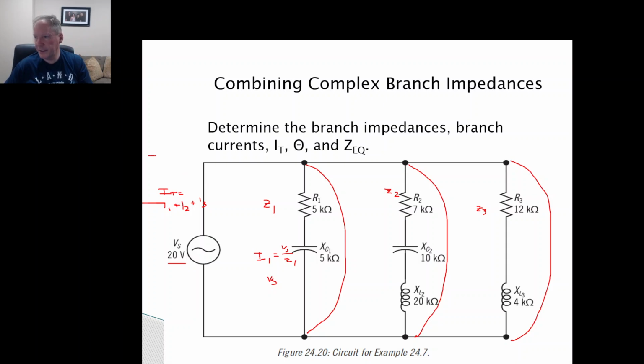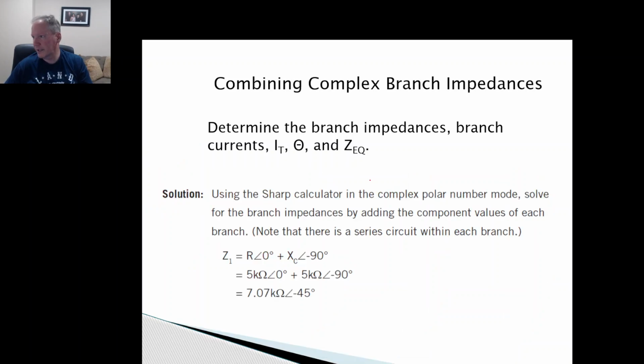And then ZT, Z total, is going to equal E divided by I total, where this is the Vs or Es. Okay? So let's take a look at how we would calculate this.